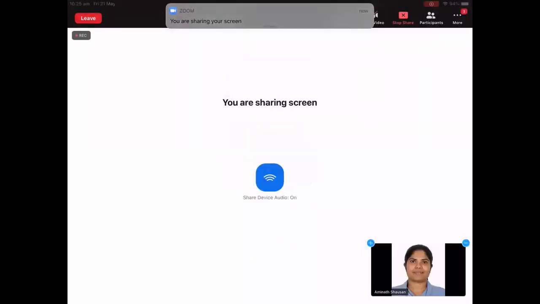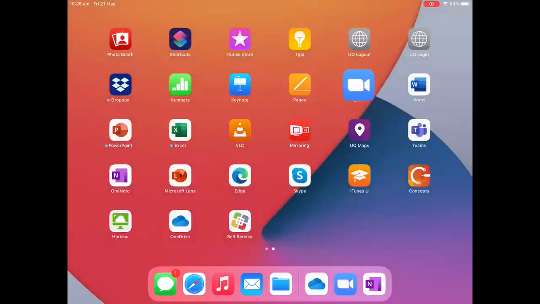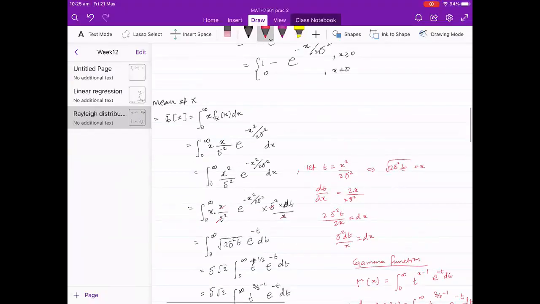By parts should also work. Okay, that's where I started with. And this part is the PDF. That's f of x.